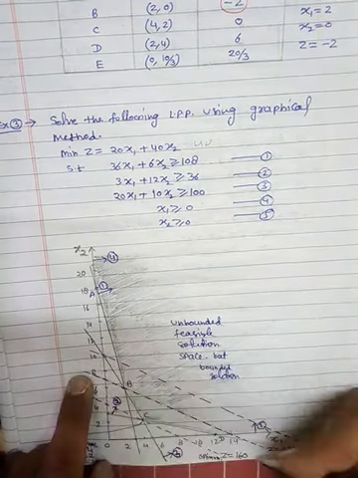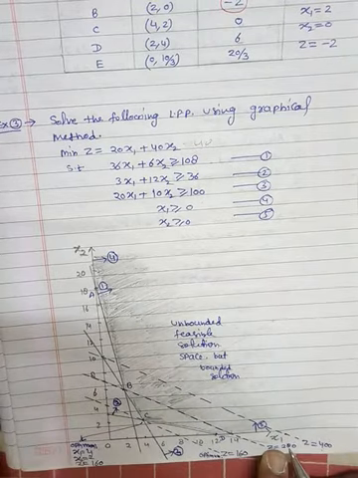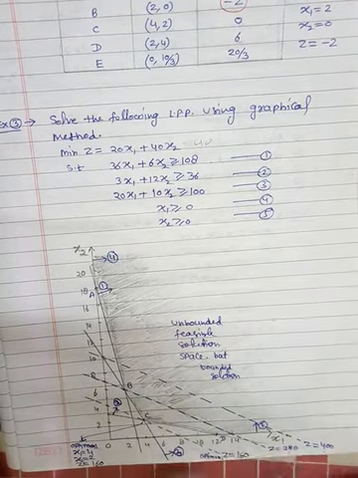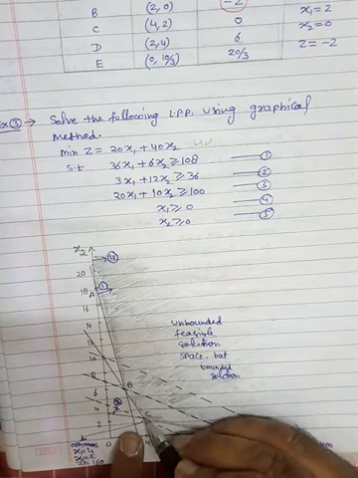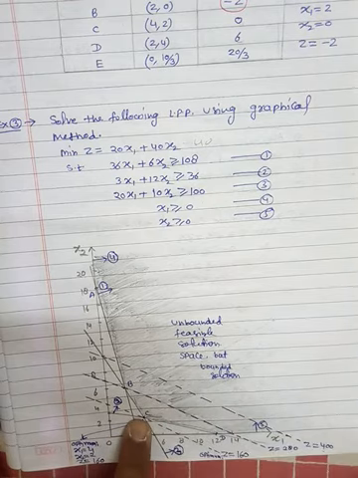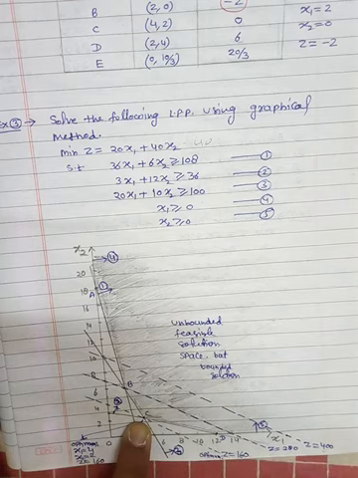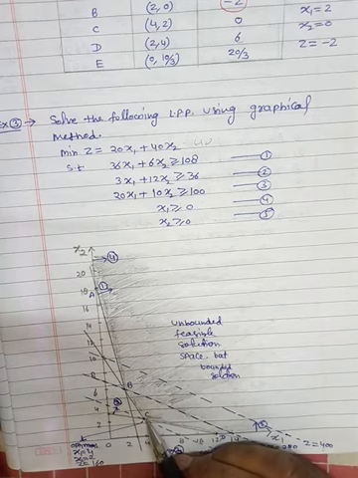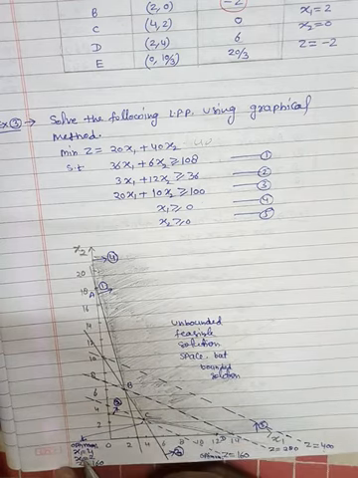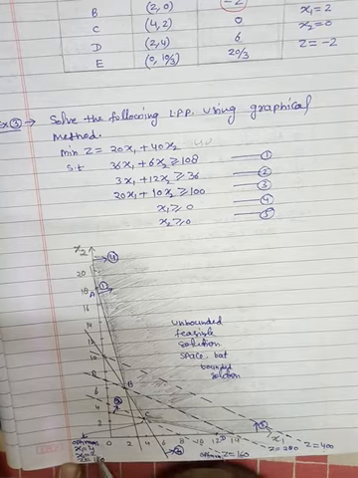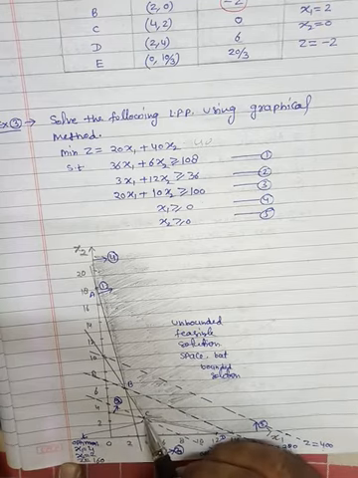When you draw this line, z is equal to 280, so it decreases. Again draw the parallel line, so this corner point will basically give you the solution. At this corner point z will be 160, and this point C is the optimum solution. Here x1 is 4, x2 is 2 and z is 160. So this is the solution.